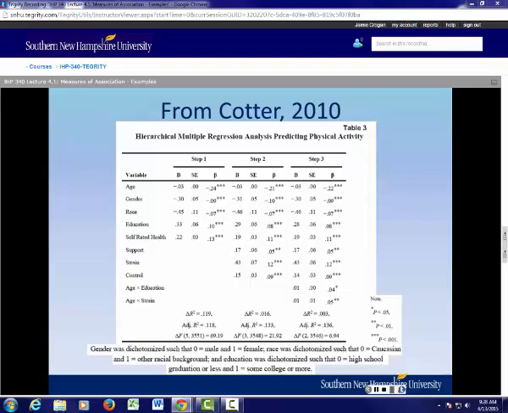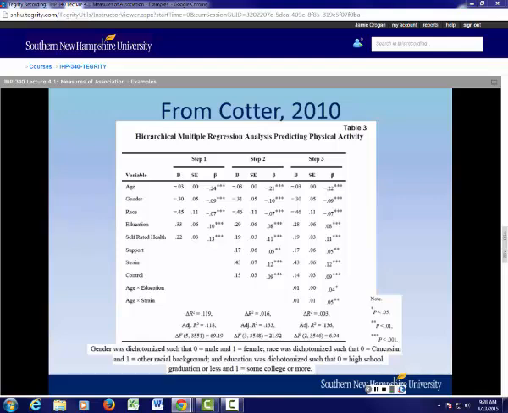Then they move on to step 2, and in step 2 they added 3 more variables. They added support, strain, and control. All of the other 5 variables are still in there because their betas are also listed as well, and so you have betas for 8 variables there.